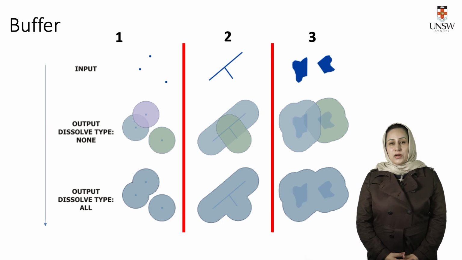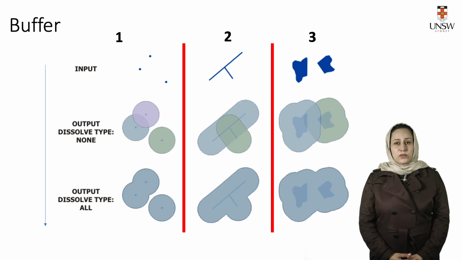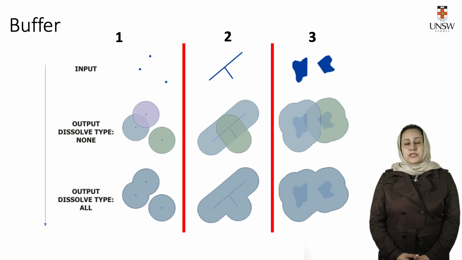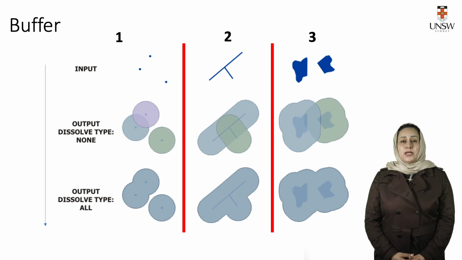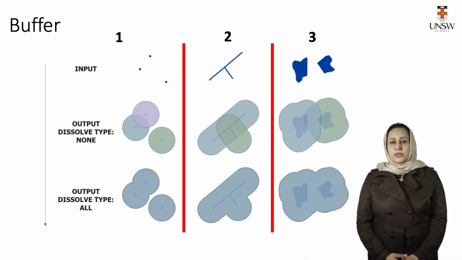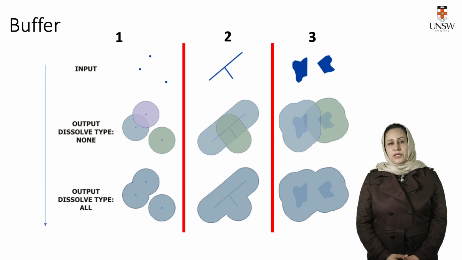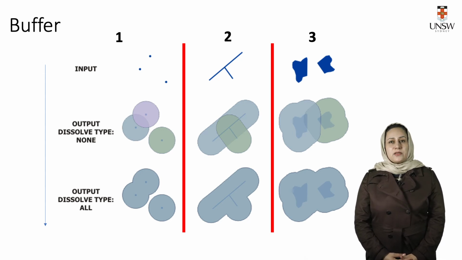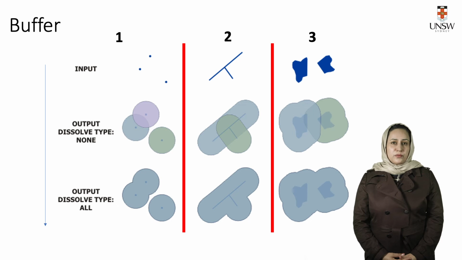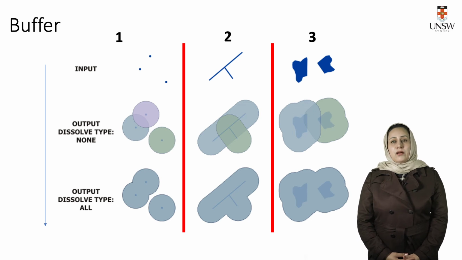In the dissolved type, all the buffer features are combined and the intersected areas are dissolved to make a union of the intersected features. In the non-dissolved output, the buffered outputs are demonstrated as separate features around each feature in the input layer. Examples of dissolved and non-dissolved buffers for point, line, and polygon features are demonstrated in this slide.